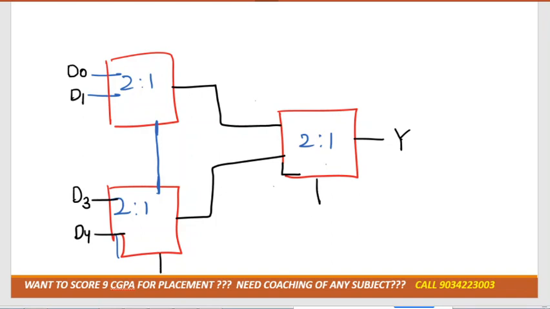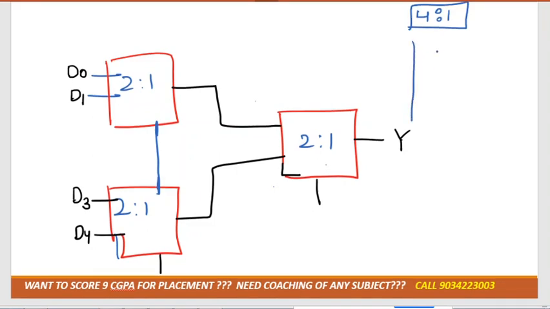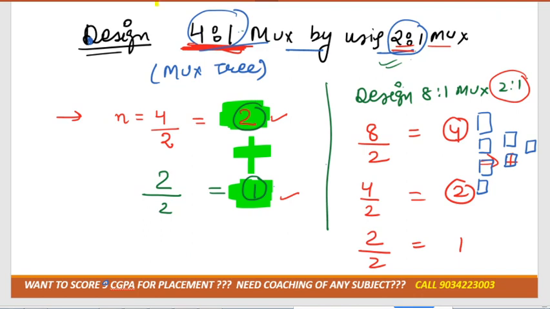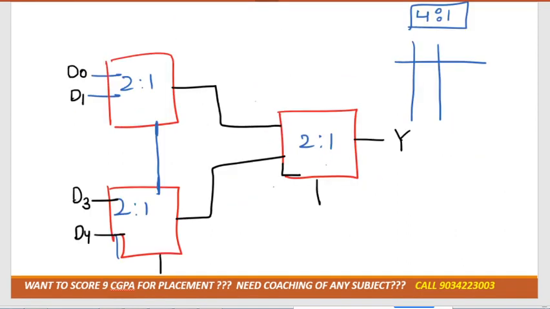Now our mux is designed, but we have to check whether the mux which we designed is correct or not. In the output we want a 4 is to 1 mux, so we have to draw the truth table for the 4 is to 1 mux. Just remember, whichever mux we want to design, we have to make the truth table of that mux. So that is the 4 is to 1 mux.